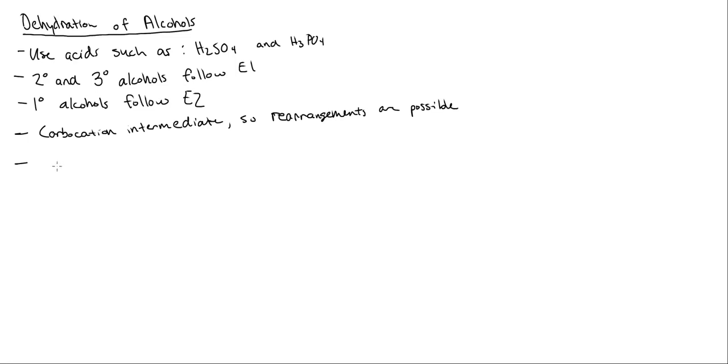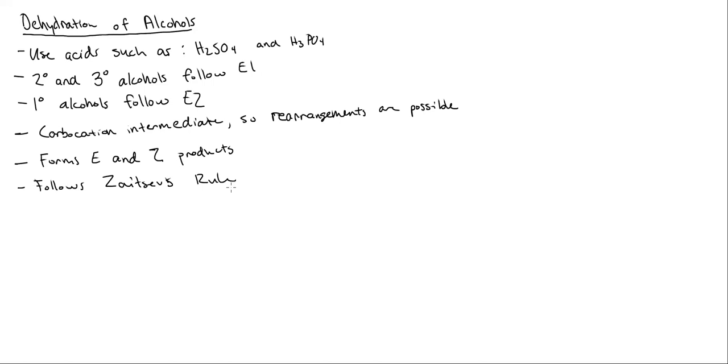Another thing to say is that for the alkene, it forms E and Z products. And also it follows Zaitsev's rule. So that means that the most substituted alkene is going to be our major product. All right, so it follows the Zaitsev rule.